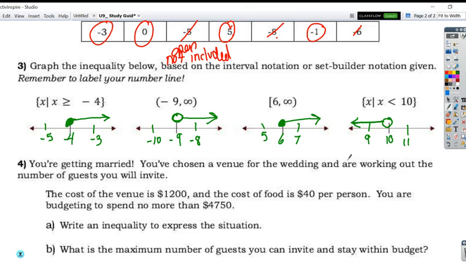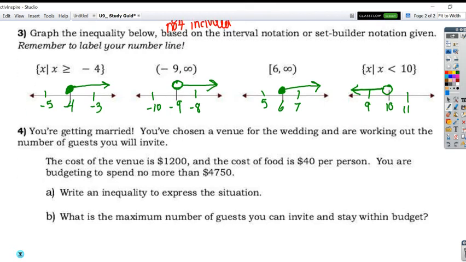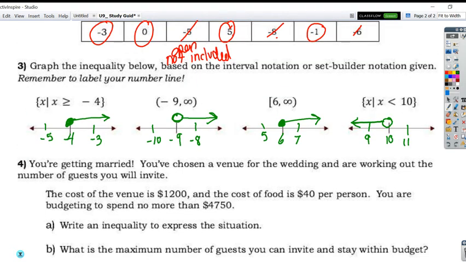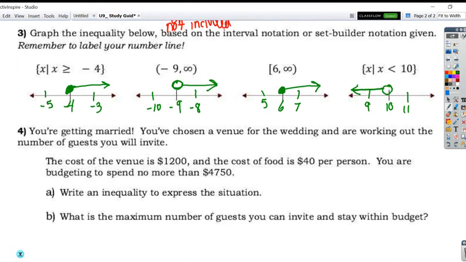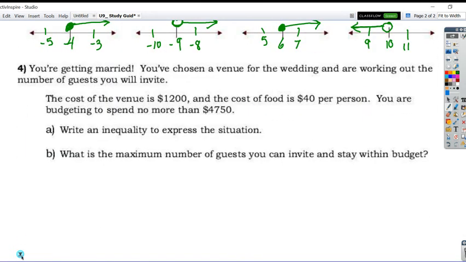All right, the final question that we have gotten to now says you're getting married and we've chosen a wedding venue. Now we have to know about the number of guests that we're inviting. So, given the cost of the venue as $1,200 and $40 per person for food, but I cannot spend more than $4,750. Write an inequality to express this.